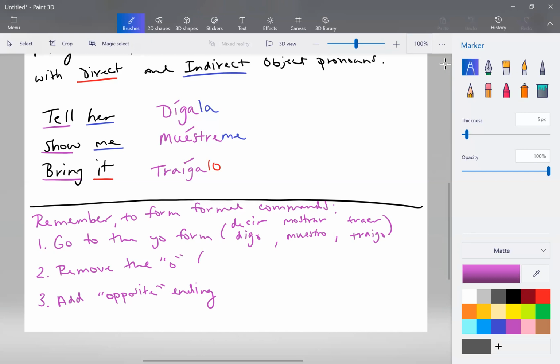And then we just took off the O. And then we added our opposite. We add A's to diga and traiga because decir and traer are IR and ER verbs, and we add an E to muestre because mostrar is an AR verb. Following so far? Okay.